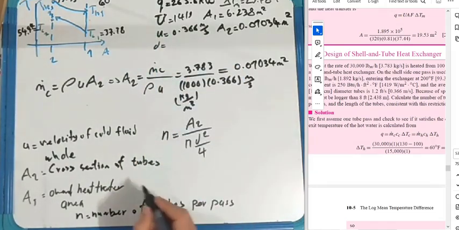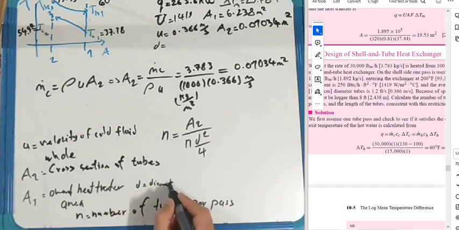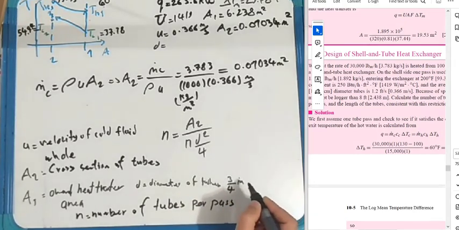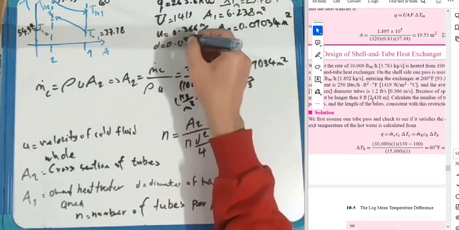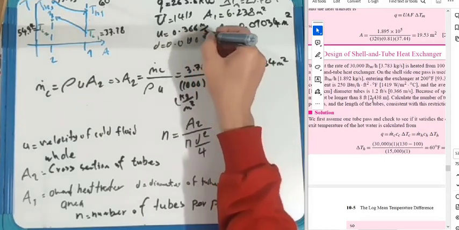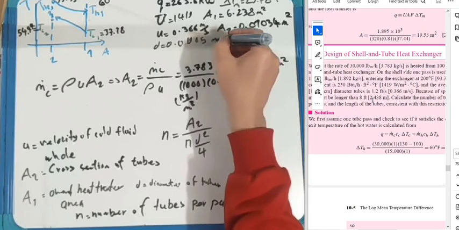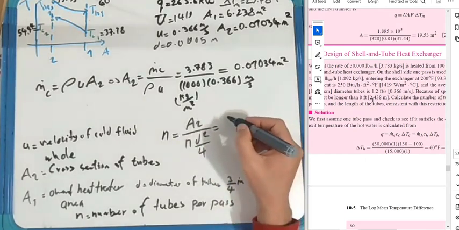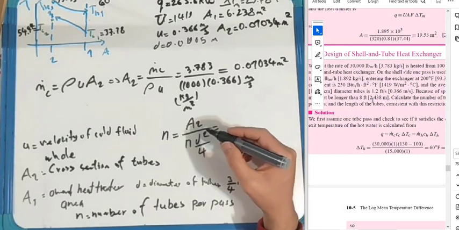D is the diameter of tube, which is 3/4 inch. We have it. So the value of that is 0.01905 meter, or 3/4 inch. I can use it to calculate N.